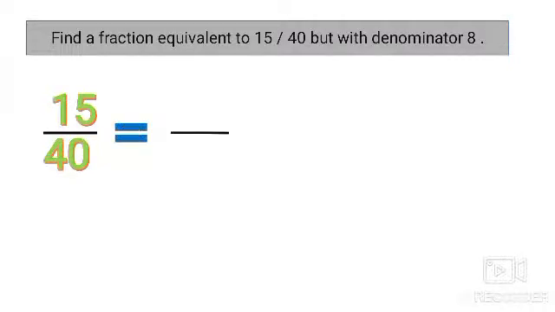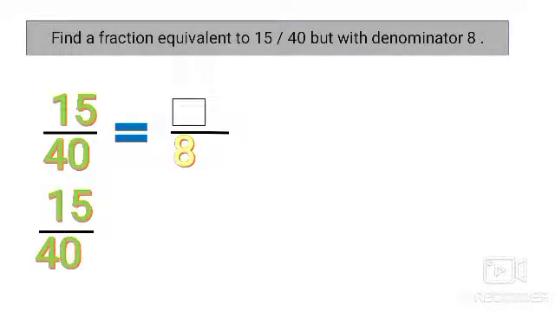Next one. Find a fraction equivalent to 15 upon 40 but with denominator 8. So here our question is 15 upon 40 and what do we want? Denominator 8. That means we have to find the numerator. As you can see, 15 upon 40 is the bigger number and 8 is smaller. That means you have to do some division. In the same way you will write the fraction, 15 upon 40, and write it again. Now you have to divide.